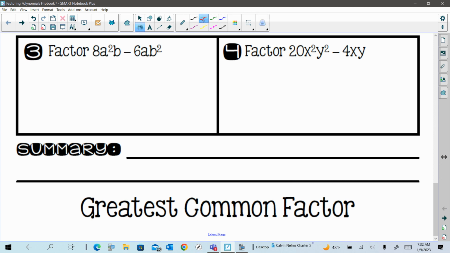Another way we abbreviate greatest common factor is GCF. So I'm just going to explain what it is in the summary first, and then we're going to apply what it means to each example. Your GCF is basically just the largest monomial. So it's a variable, a letter, or just a number.